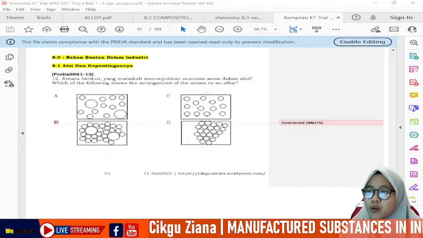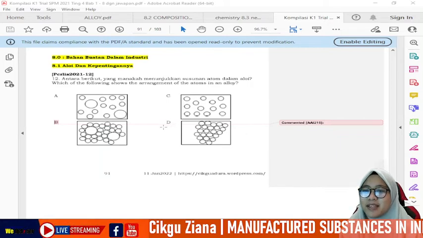Perlis 2021. Which of the following shows the arrangement of the atoms in an alloy? Ainin, what is the answer? Which one is an alloy? Huda?